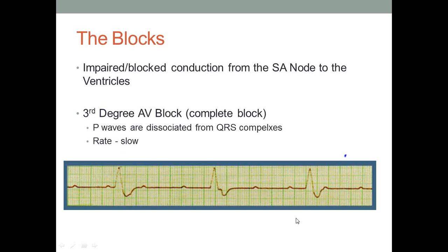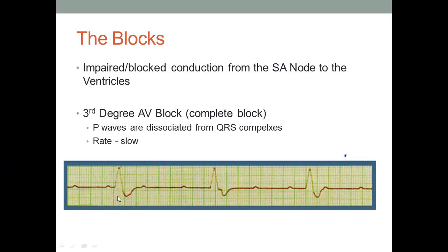It's almost like you have two ECG strips sitting on top of each other, one of them measuring your atria contracting, and the other one measuring your ventricles contracting. Okay, so in the case of a third degree AV block, this is a complete block. So the atria are contracting at a rate of 60 to 100 like they normally do.